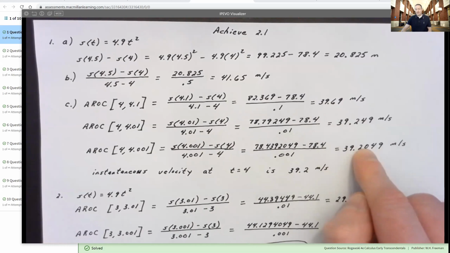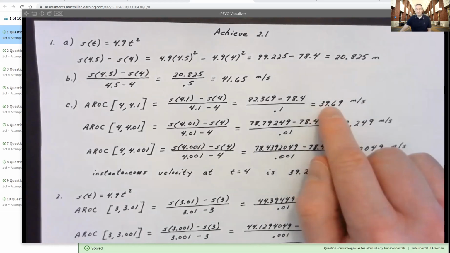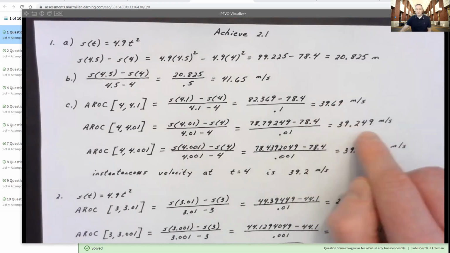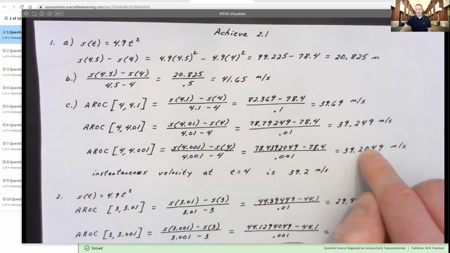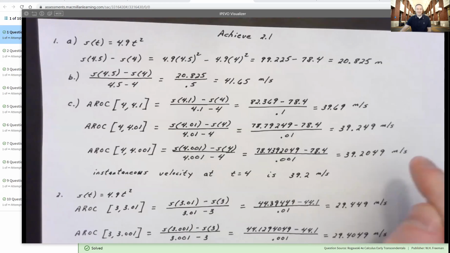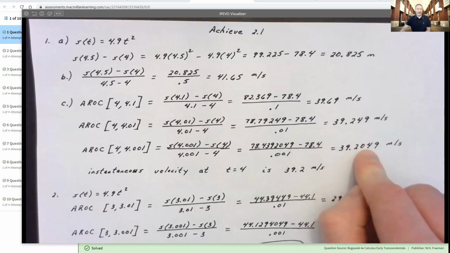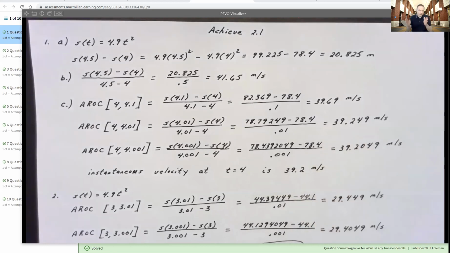So hypothetically, if I said, I want to know what the average rate of change from 4 to 4.0001 is, I want you to immediately understand, oh, okay, this time it dropped a 4 in the first digit, this time it dropped a 4 in the second digit, next time that 4 will drop out of the third digit. It would be 39.20049. I'd say, gorgeous.